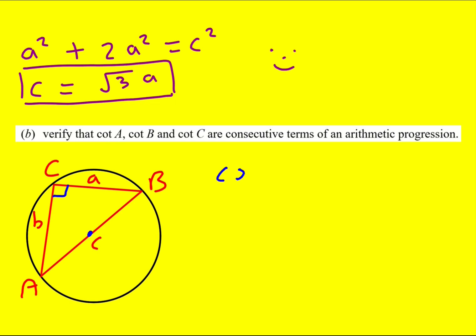Right, first up, cot A. Well, I always remember tan. Tan is opposite over adjacent, a over b, so cot is then the reciprocal of that. It's going to be b over a. Cot B is going to be then a over b.